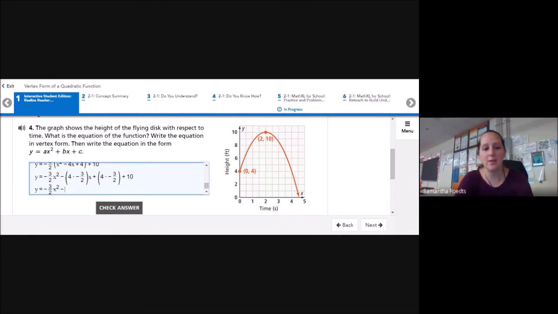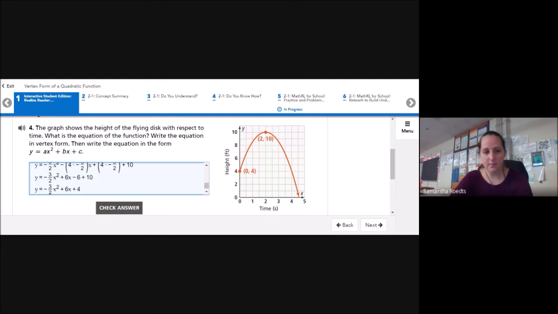So this is negative 3/2 x squared plus 6x minus 6 plus 10. Okay, which gives me y equals negative 3/2 x squared plus 6x plus 4.